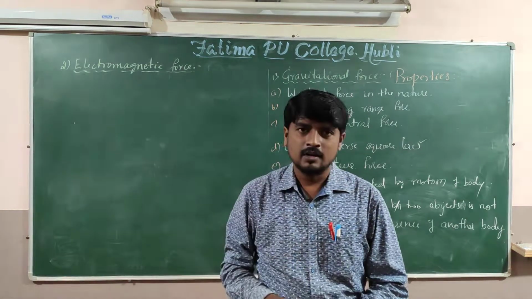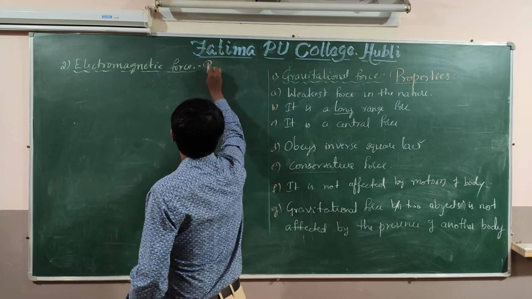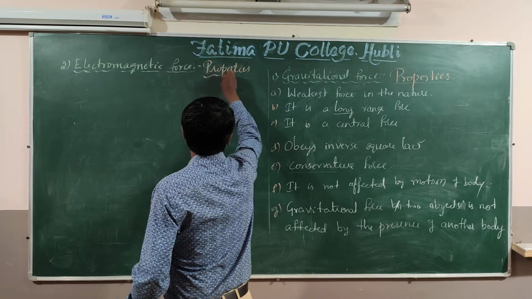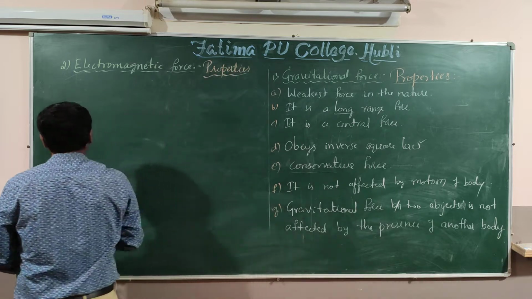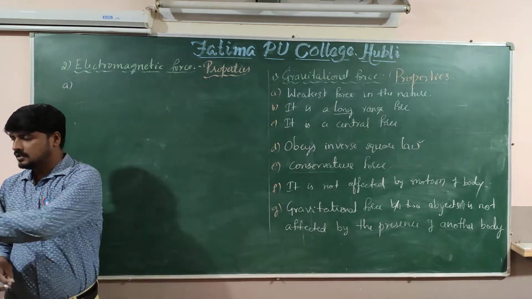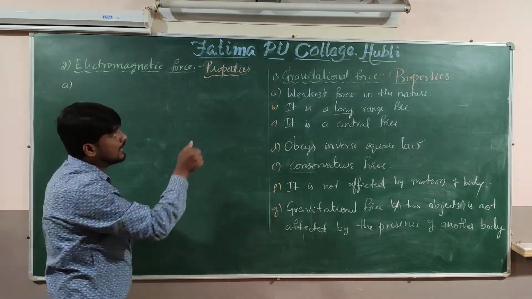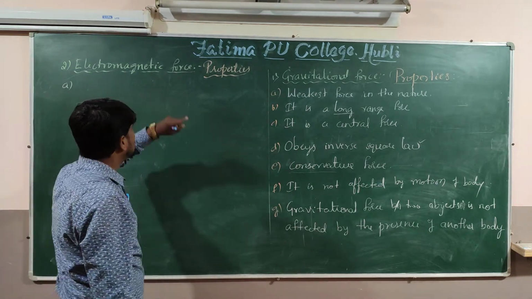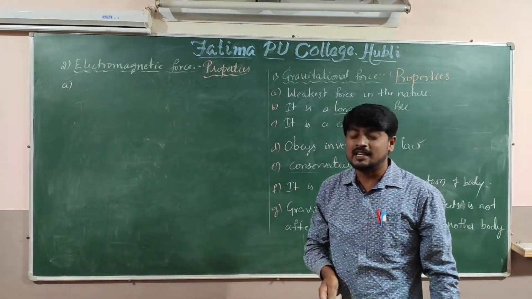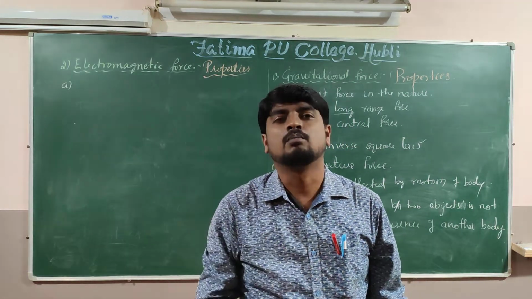For now we study only the properties of the electromagnetic force. Let us start one by one. While explaining the gravitational force, I said the dictionary meaning of gravitation is attraction or pulling.